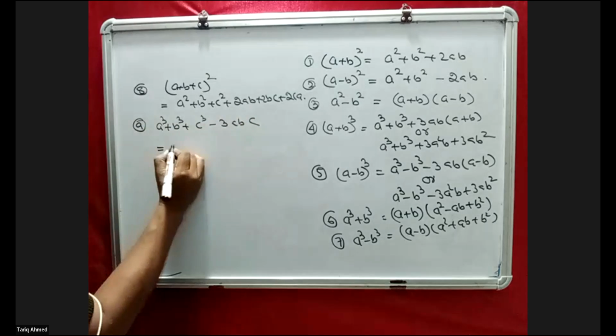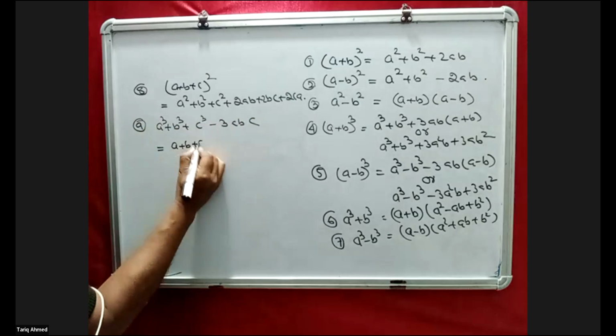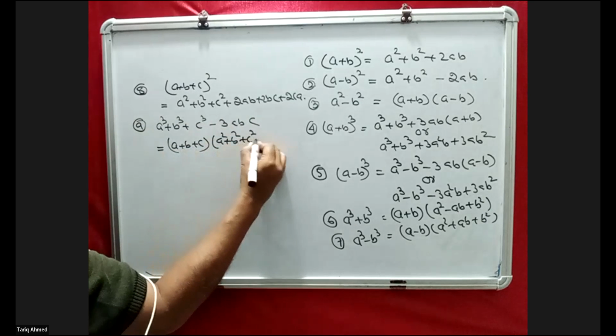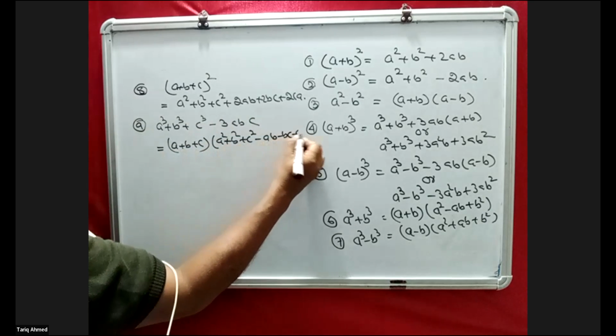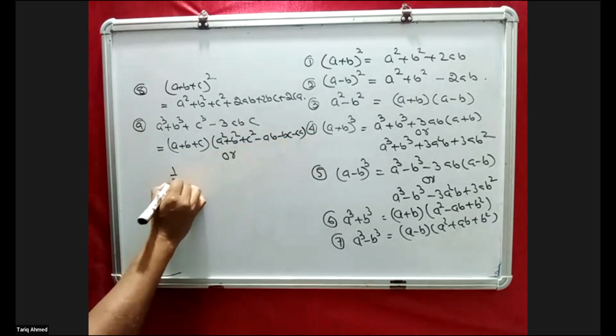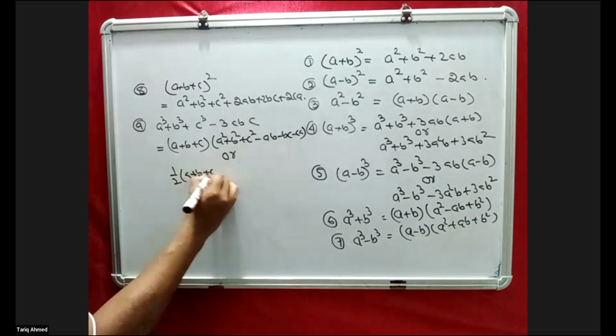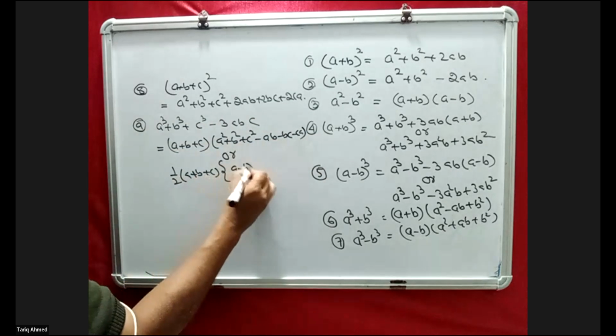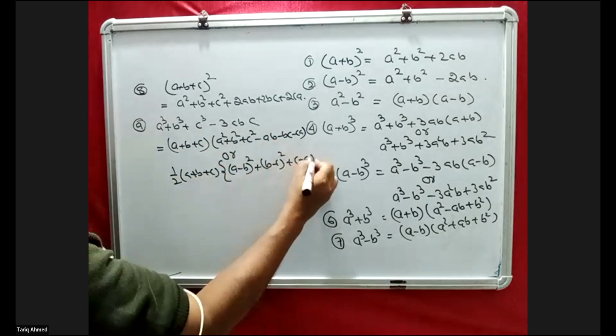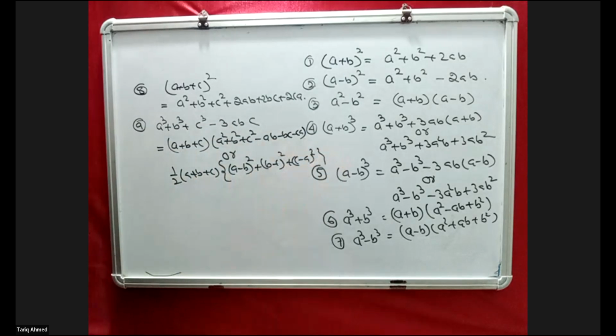Its formula is A plus B plus C into A square plus B square plus C square minus AB minus BC minus CA. The same can be written as 1 by 2 into A plus B plus C into A minus B whole square, B minus C whole square, and then C minus A whole square.